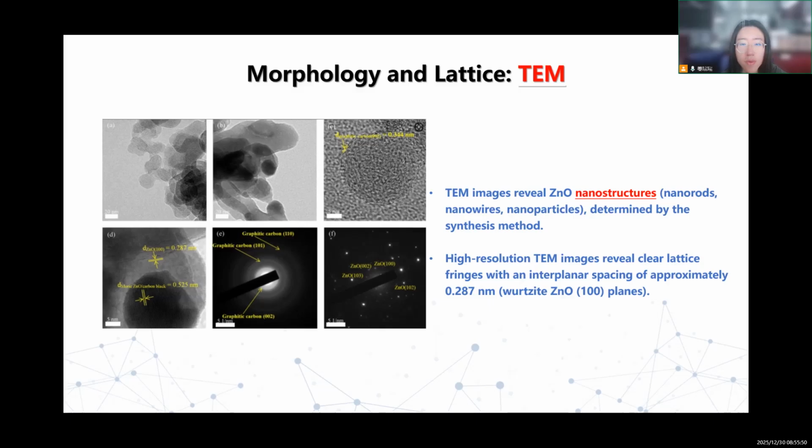And for the imaging, we can know high-resolution images reveal clear lattice fringes with an interplanar spacing of approximately 0.287 nanometers, corresponding to the 100 planes.